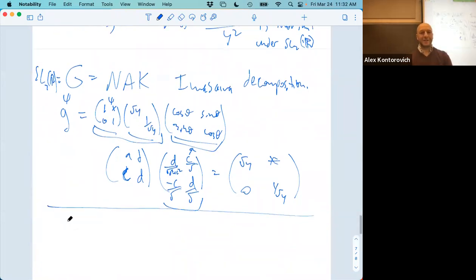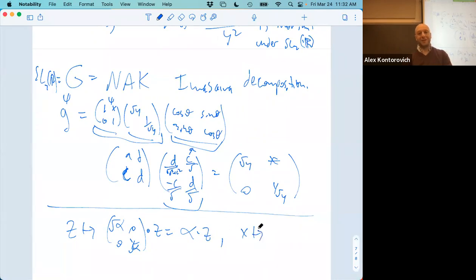Okay, so I send Z to, if I have some diagonal matrix, square root of alpha, 1 over square root of alpha, times Z, this is alpha times Z. Alpha is a real number. What happens to dx? What happens to x?